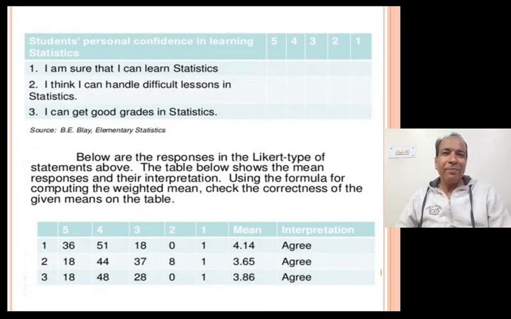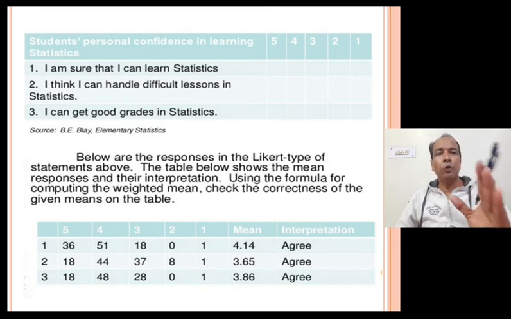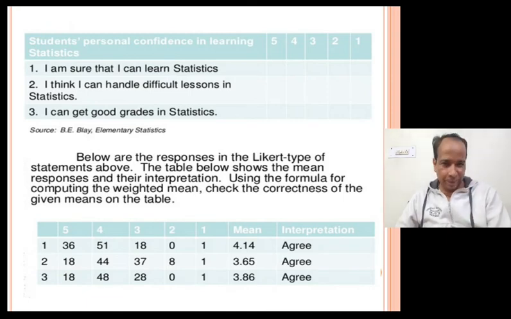So how will you do this? Here examples are given to you. Another example, similarly on a 5-point scale: I am sure that I can learn statistics. I think I can handle difficult lessons in statistics. I can get good grades in statistics. You have to choose any one out of these 5.